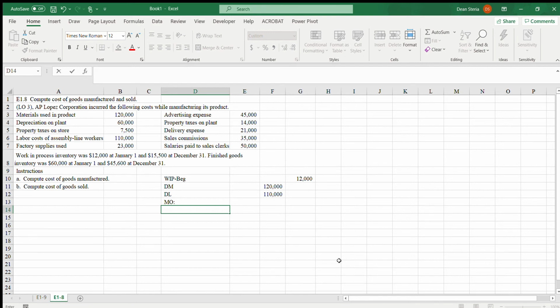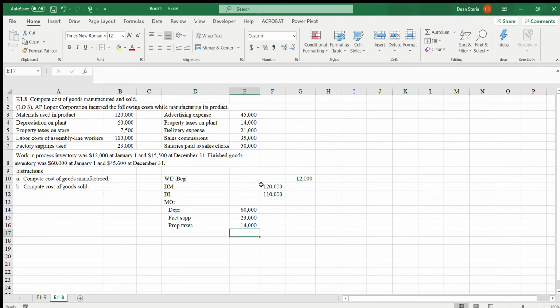So we have depreciation on the plant. We have factory supplies that were used, and we have property taxes that were incurred. So each one of these 60, 23, 14.